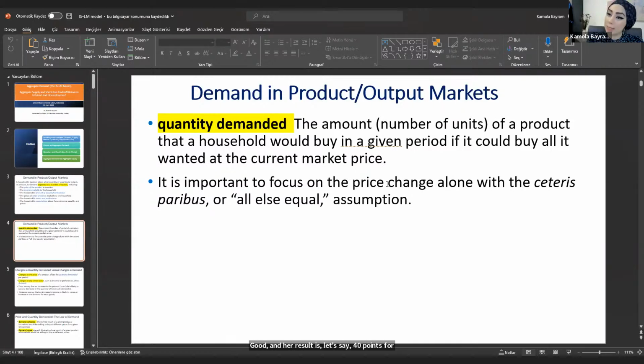Why do we create models in economics? To explain why something is happening and what the reasons triggering that result are. So from here, I can tell you that if you spend more time studying, your result will be better. This is a very simple model.